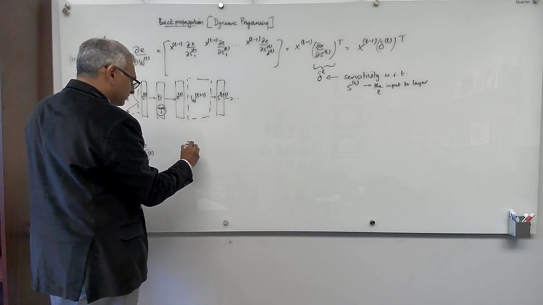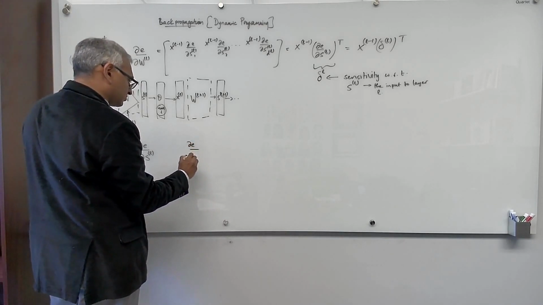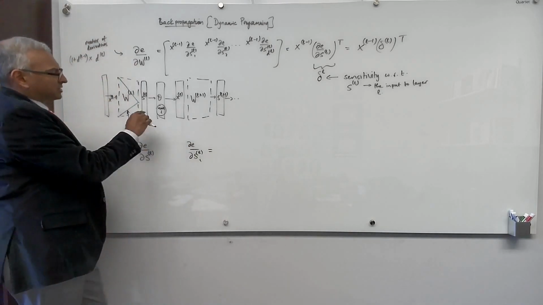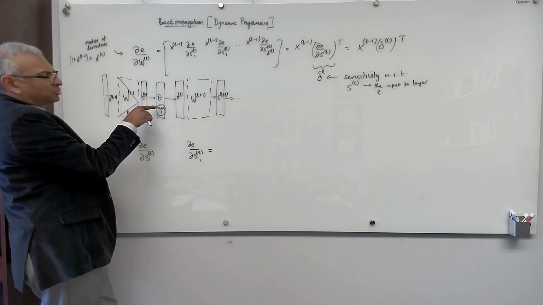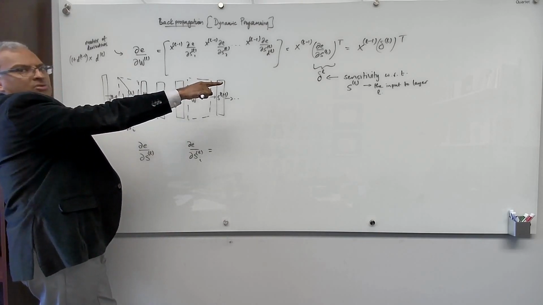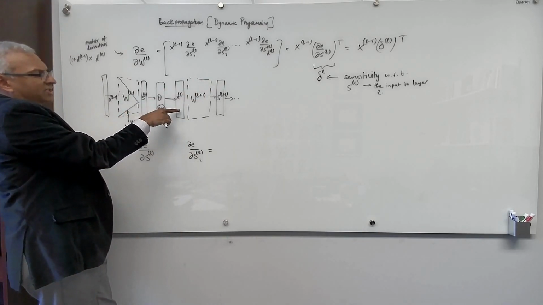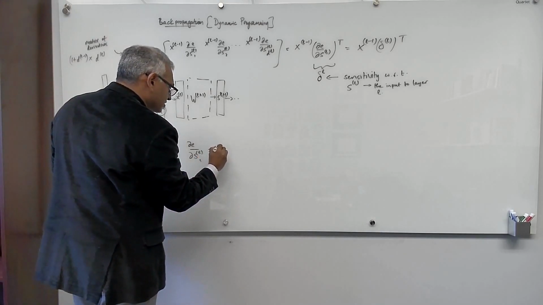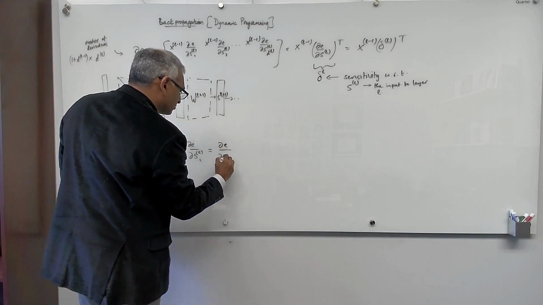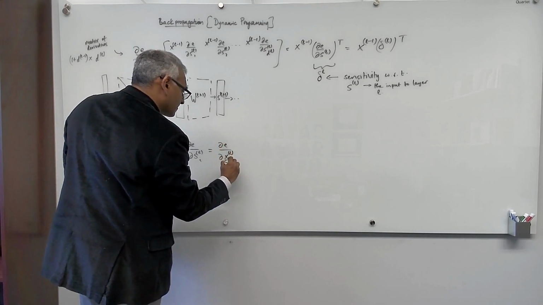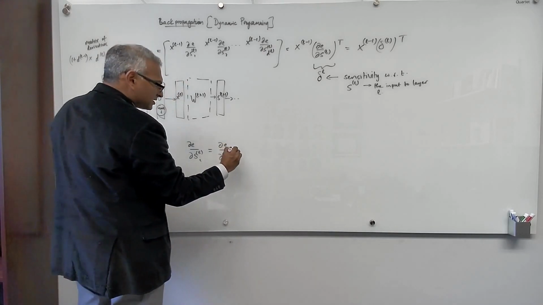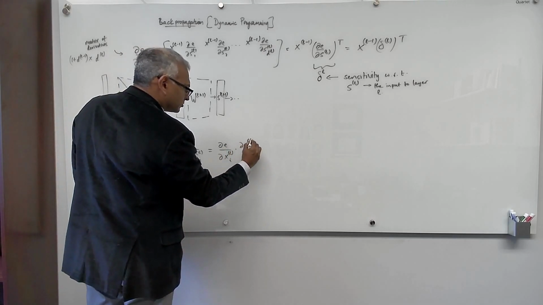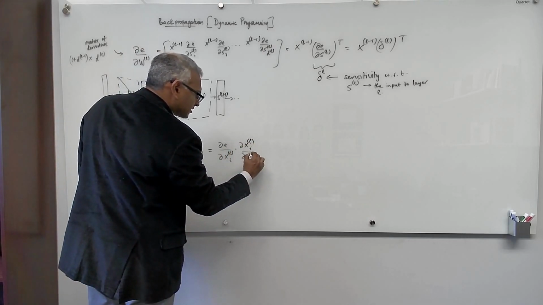So the derivative of the error with respect to SL, let's say I, is equal to, now that SLI, the input to node I, only affects the error through how it affects the output of that node, XLI. So by the chain rule, this is the derivative of the error with respect to XLI times the derivative of XLI with respect to SLI.